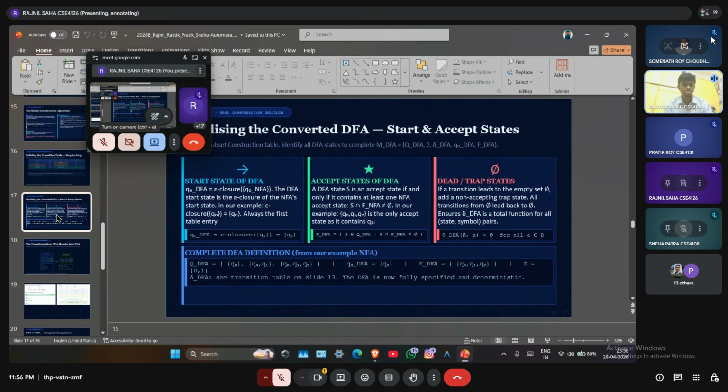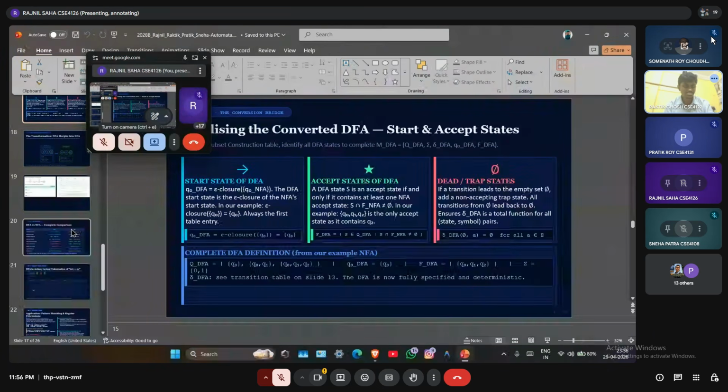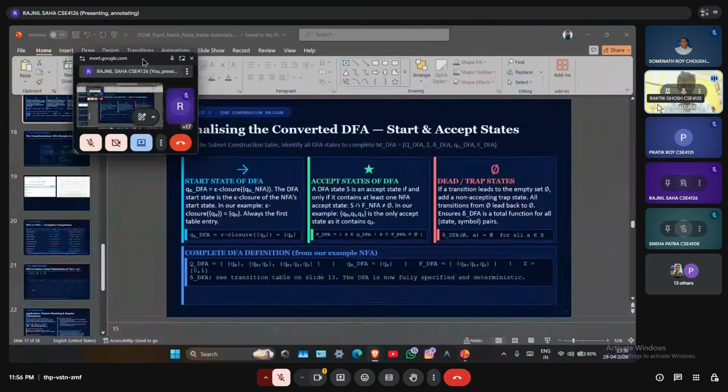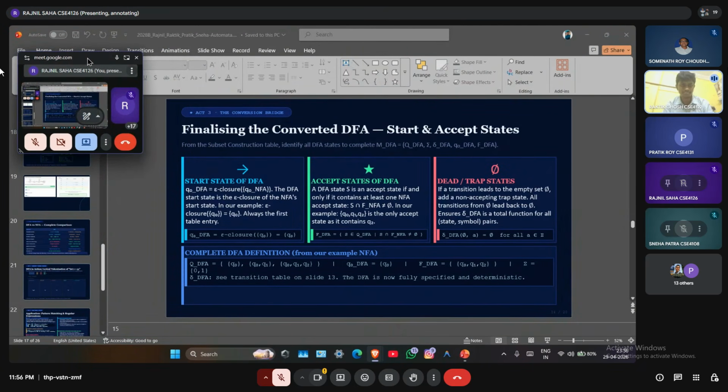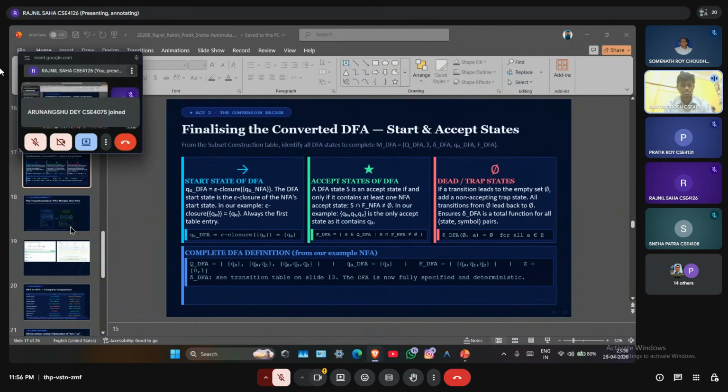Once the transition table is complete, we can formally write down the full DFA. Three things need to be pinned down. First, the start state. It is simply the epsilon closure of the NFA's original start state. In our example, the epsilon closure of Q0 is Q0 itself. Second, the accept states. Any DFA state that contains at least one NFA accept state qualifies.